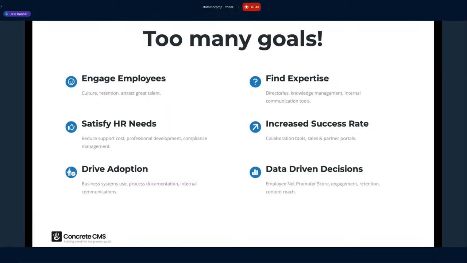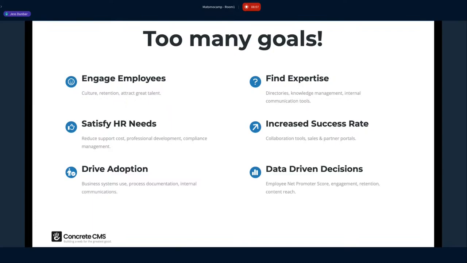So all of these are fine goals, but the lack of clear specific objectives can really lead to a disjointed, ineffective intranet strategy. So most intranets were built with a vague strategy, poorly defined goals, and really asking, what is your intranet for?